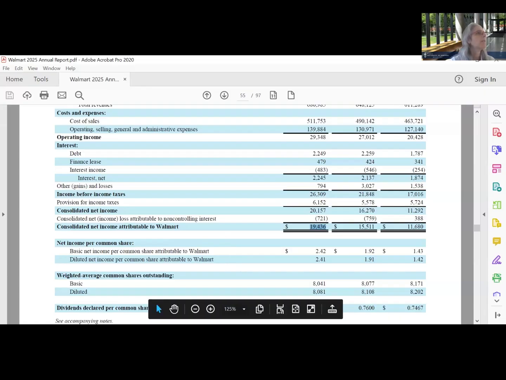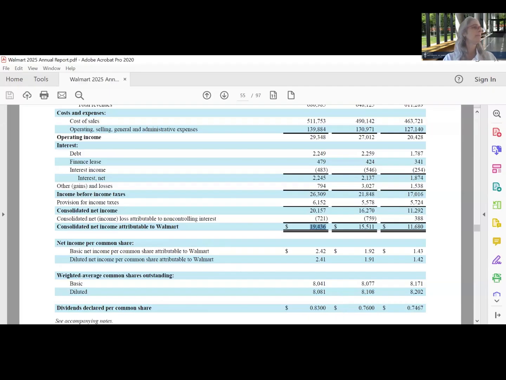Here we go. Okay, so let me explain to you what those two different levels mean. So you'll see there's net income, and then there was the net income attributable to Walmart.